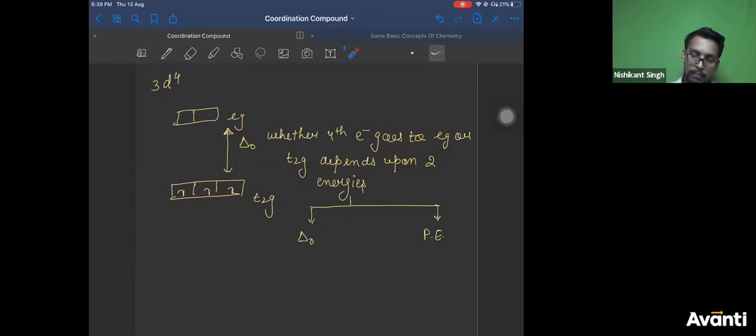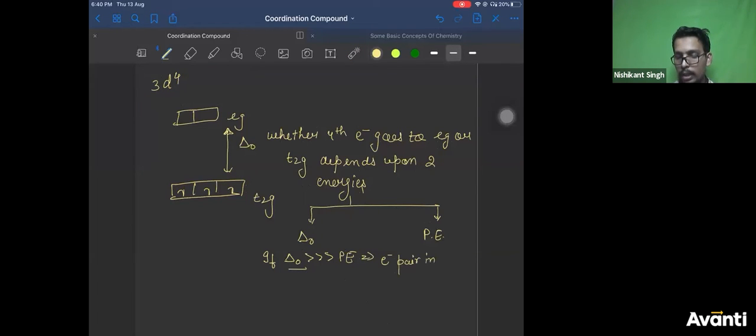So I will write the summary here. If delta O is very, very much larger than pairing energy, since delta O is large, meaning the energy between T2G and EG is large, so the electron cannot go to EG. In that case, the electron pairs in T2G. Correct?